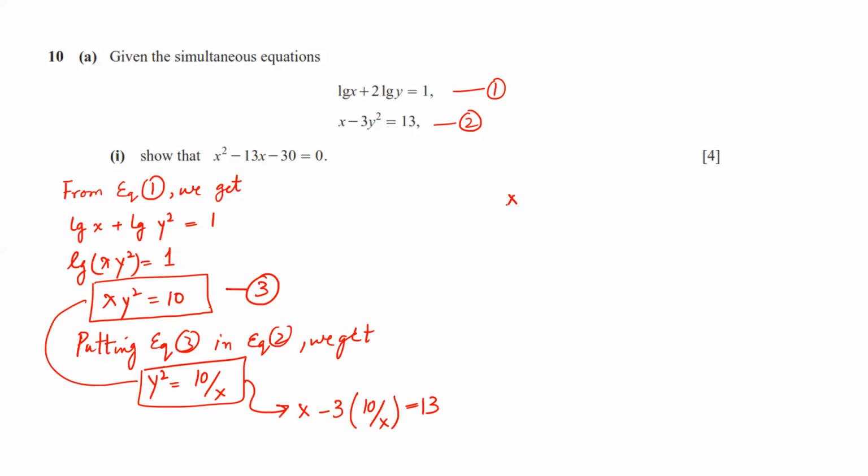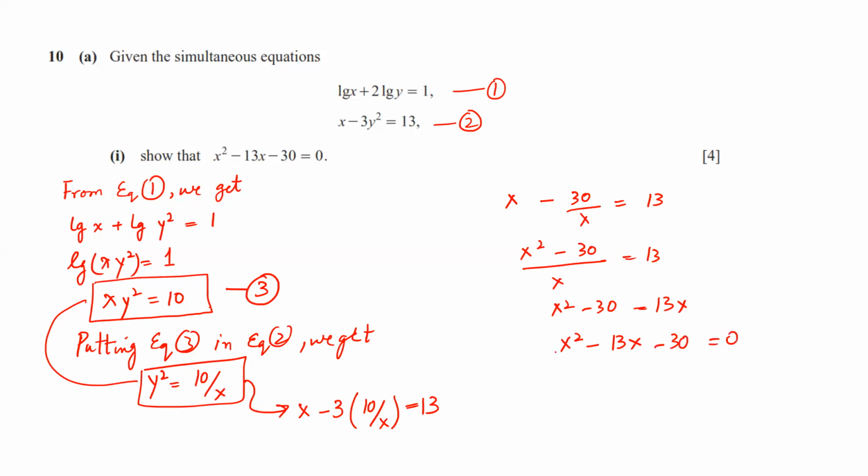So x minus 30 over x equals 13. So this is x squared minus 30 over x equals 13. x squared minus 30 equals 13x. So x squared minus 13x minus 30 equals 0.